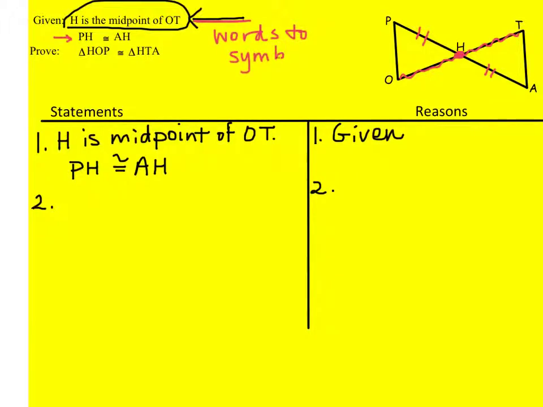What does it mean if H is the midpoint of OT? Well, it means that OH would have to be the same measure as HT, and so that's what I'm going to write for my second step. OH has to be the same measure as HT because the midpoint cuts it into 2 equal halves. Whenever I use words to symbols, whatever word is there is usually what I've used as my reason.